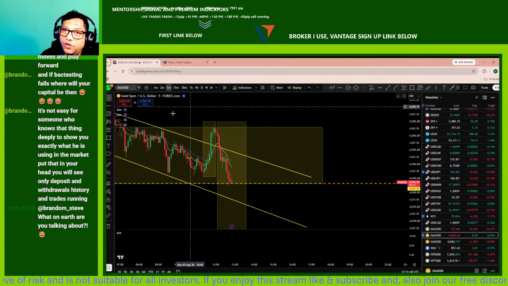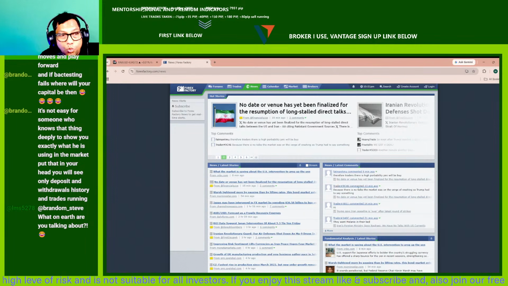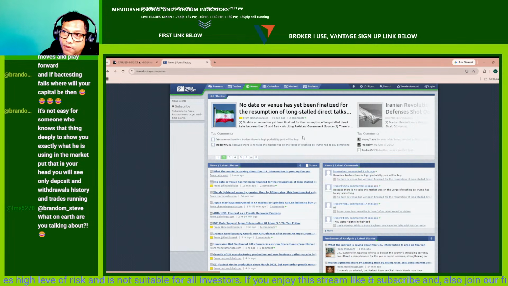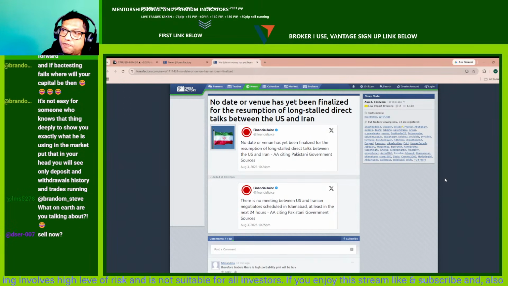All right, so if you look at XAUUSD, we'll be looking at what is the sentiment aspect of the market. No date or venue has yet been finalized for the resumption of long-stalled direct talks between the US and Iran.